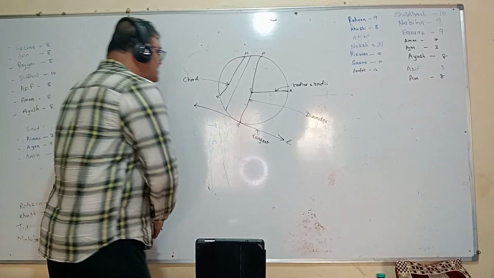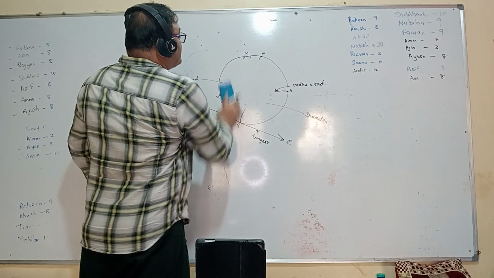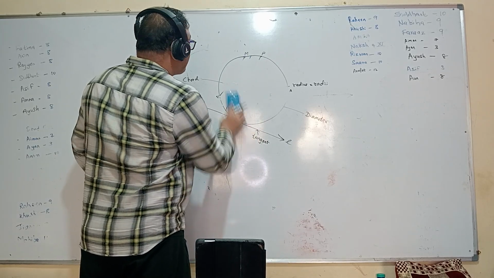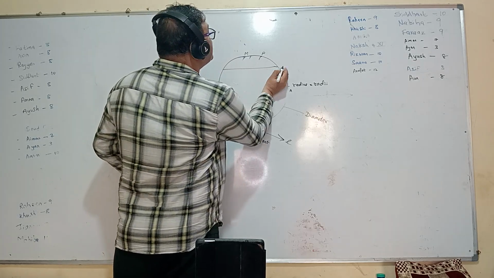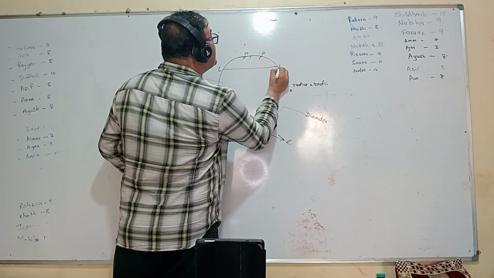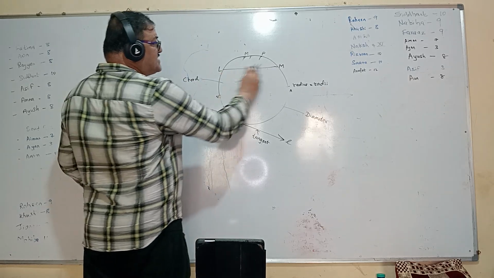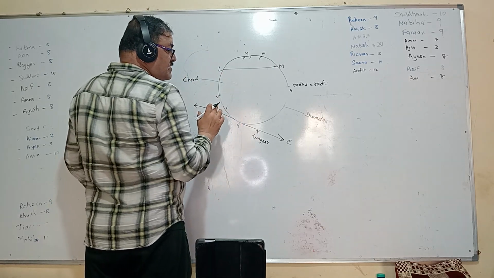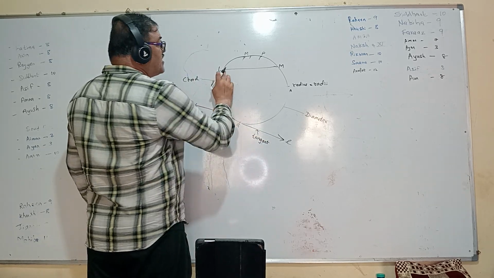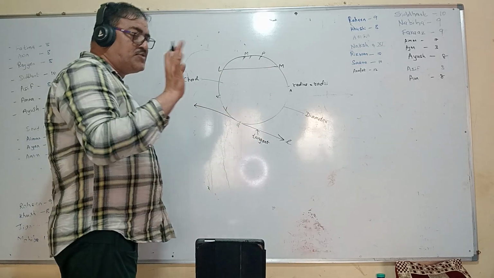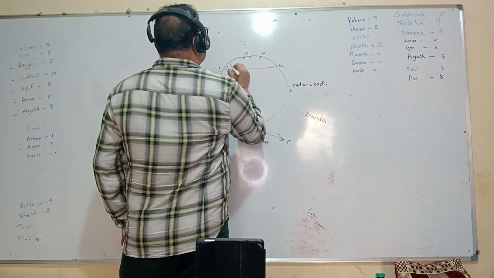Now see this. This is the circle. This is the line joining any 2 points on the circle. Suppose I name it LM. Now LM is the chord, correct? Yes, chord. Now this chord has divided the circle into 2 parts. This is the smaller part.